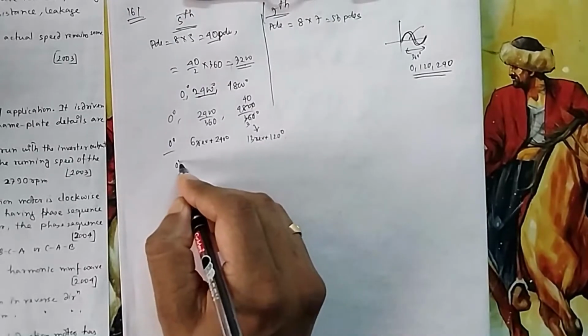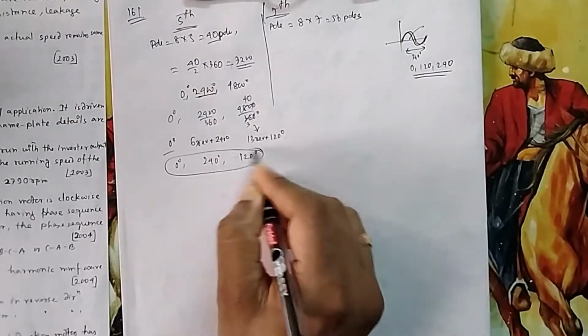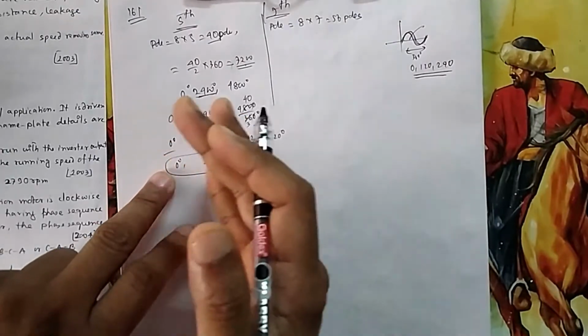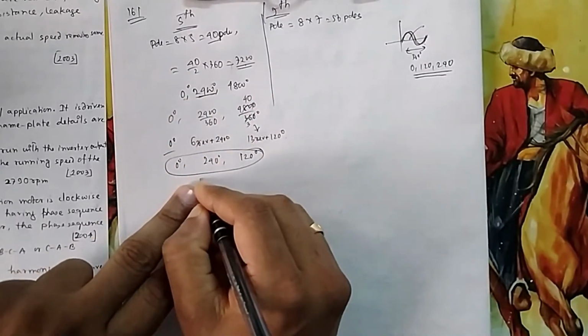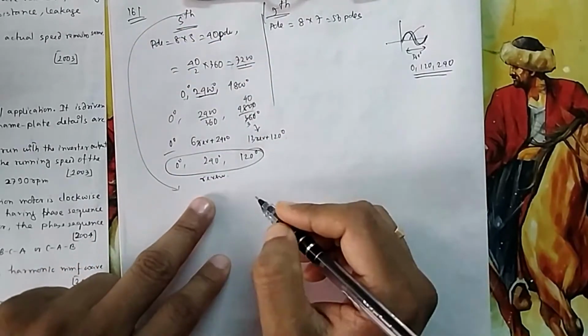So ultimately the first one is at 0, the second is at 240, the third is at 120. So it is the reverse phase sequence, whereas normally we give the phase sequence as 0, 120. So this rotation will be in the reverse direction for the 5th harmonic.